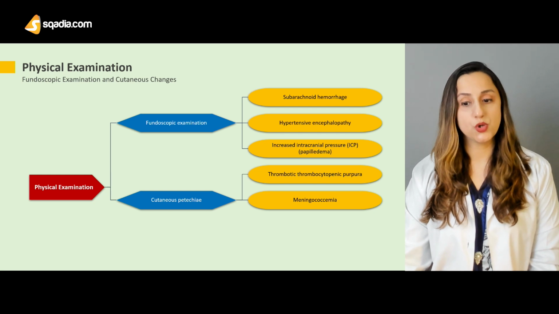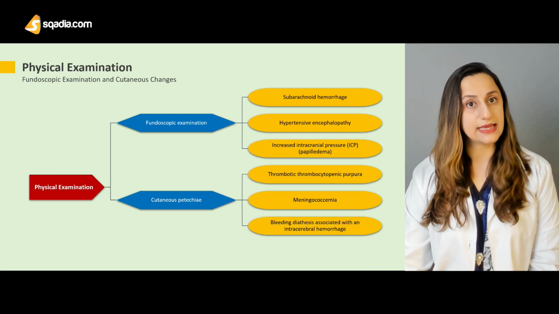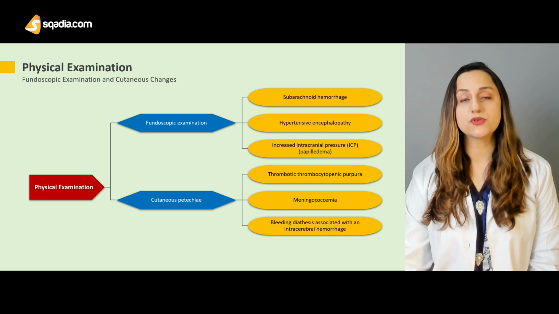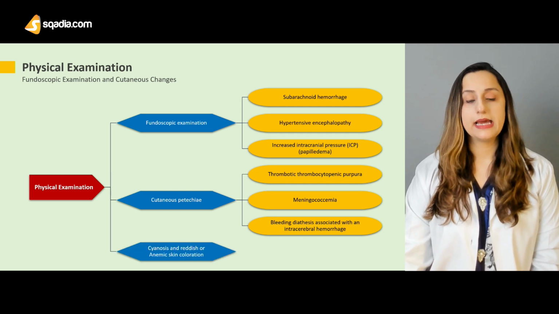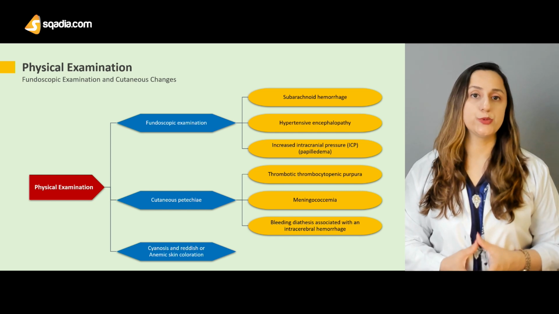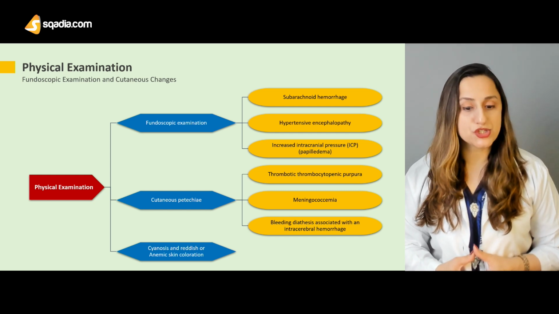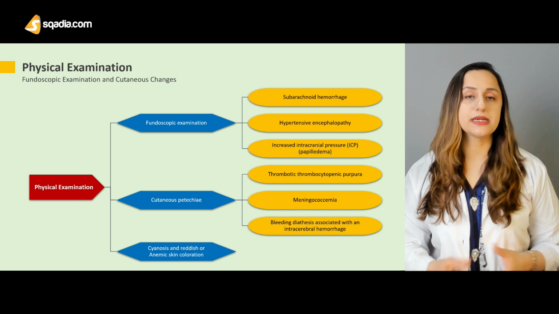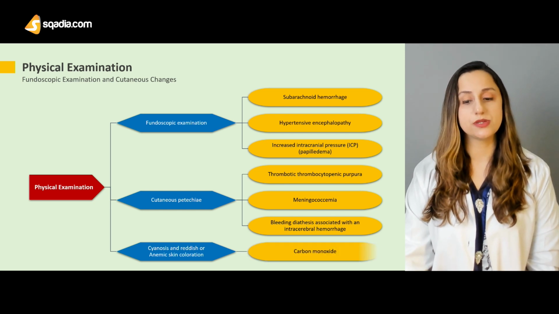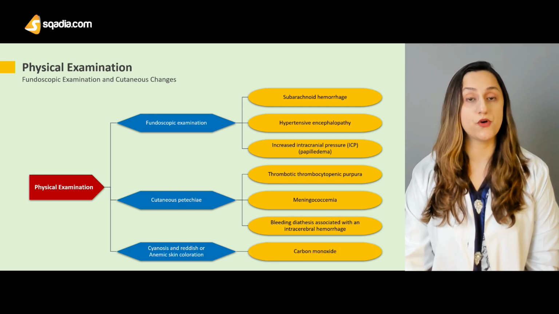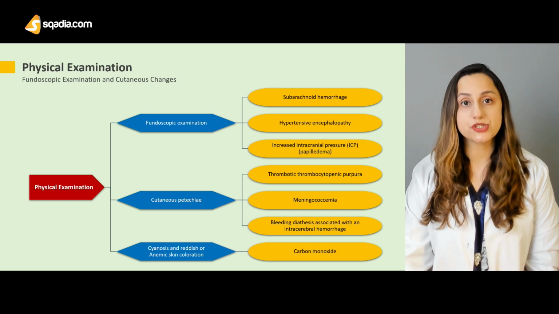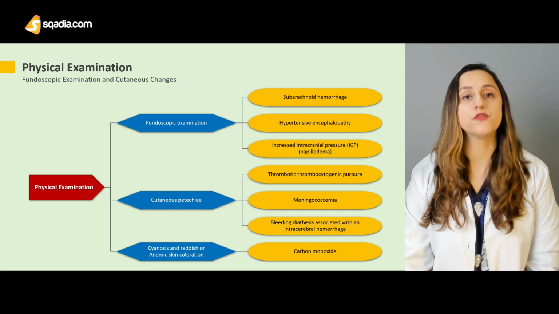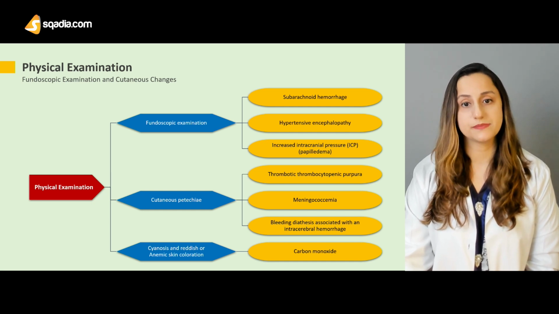Patients with meningococcemia, bleeding diathesis associated with increased intracerebral hemorrhage phenomena. Then bluish discoloration, which is known as a cyanotic condition, reddish or anemic skin colorations in the individual are noted, and they're indicative of carbon monoxide poisoning. Cherry red discoloration of the skin is indicative of carbon monoxide poisoning.